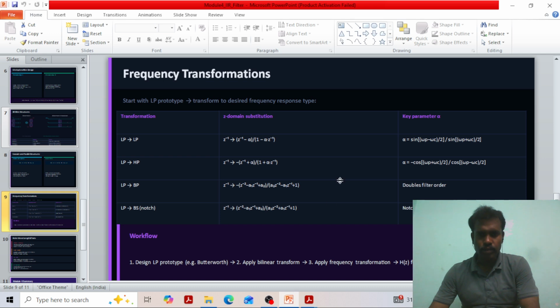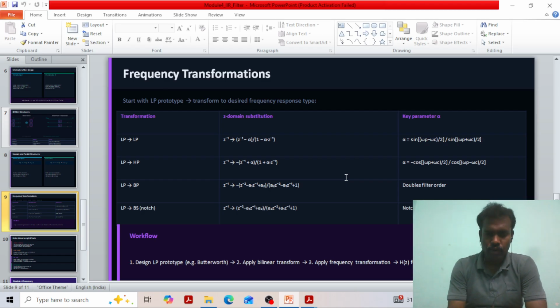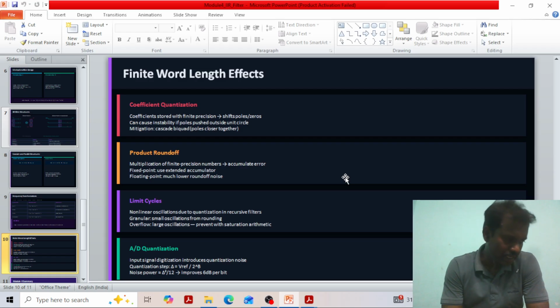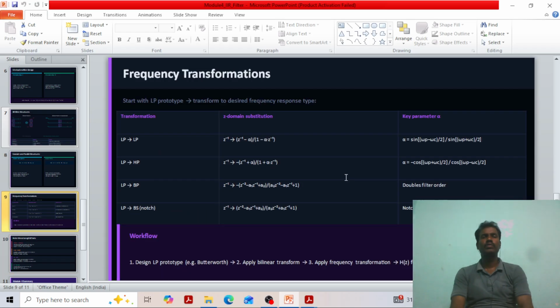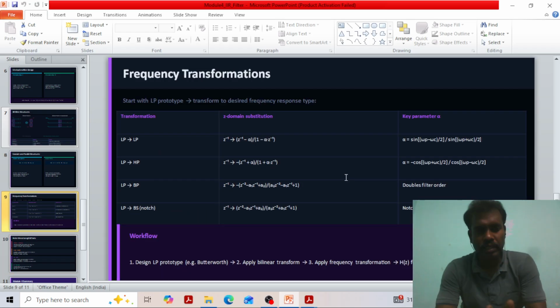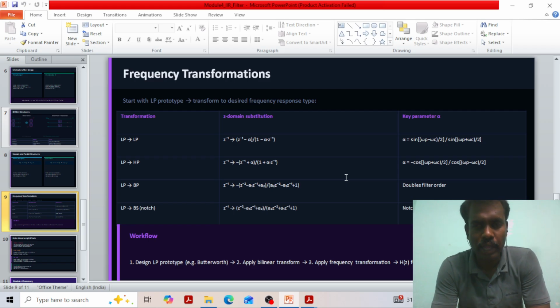To convert low pass to band pass, we'll use some formulas for converting into S domain. But while performing this conversion operation, we'll perform it in the analog domain itself. We'll calculate H of S for the low pass filter, and H of S of the low pass filter is converted into high pass filter by substituting a suitable S value.